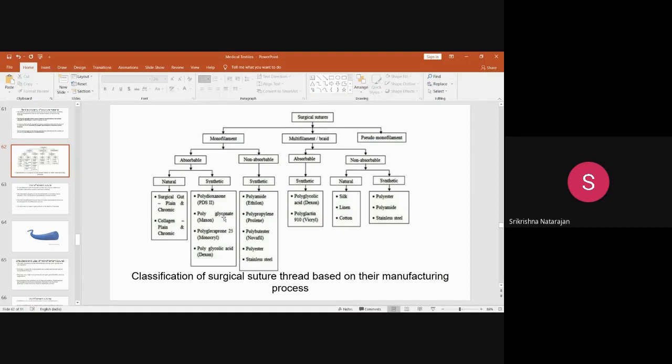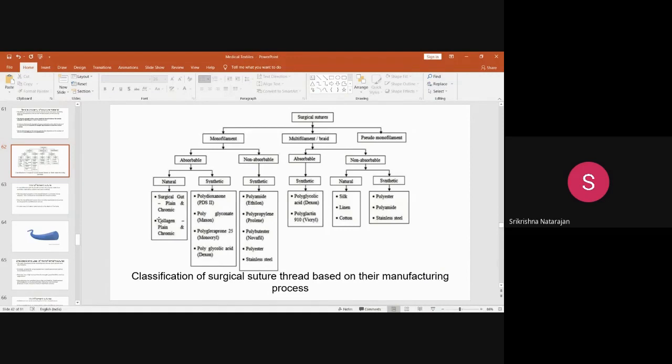Next is polyglyconate, which is sold under the market name Maxon. Next is polyglecaprone 25, which is marketed under the name Monocryl. Next is polyglycolic acid, which is marketed under the name Dexon.